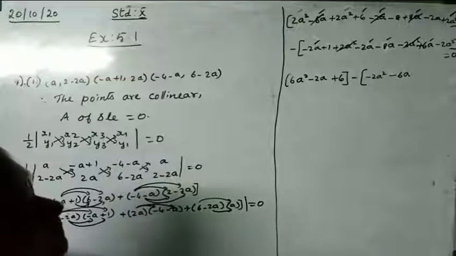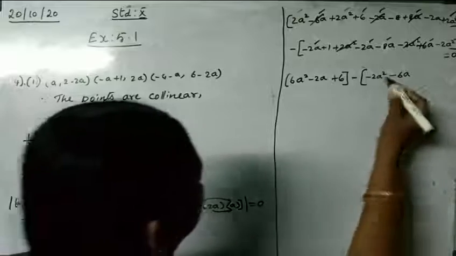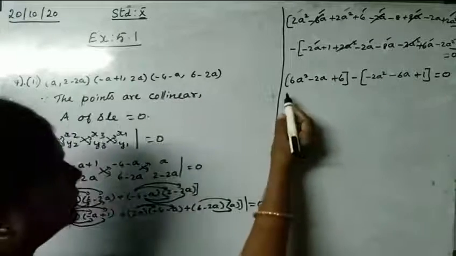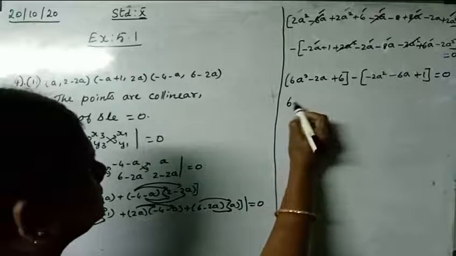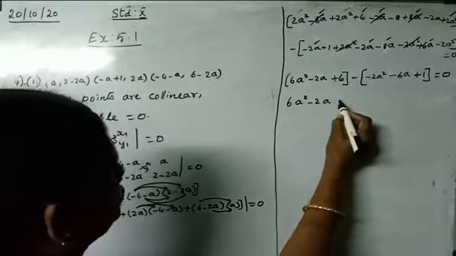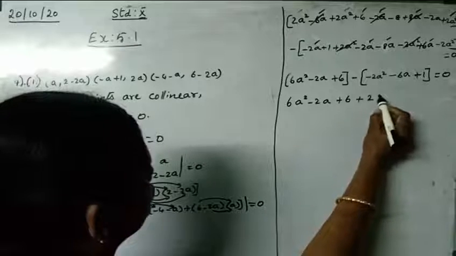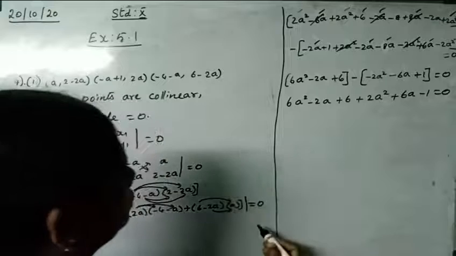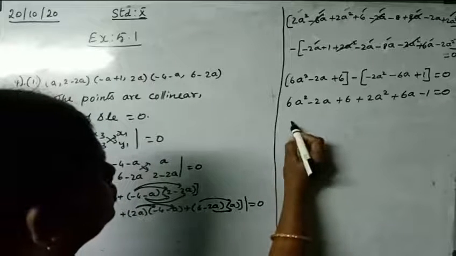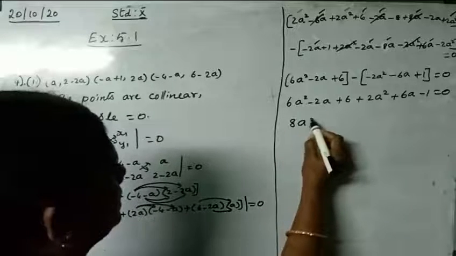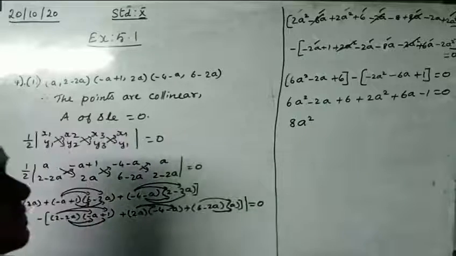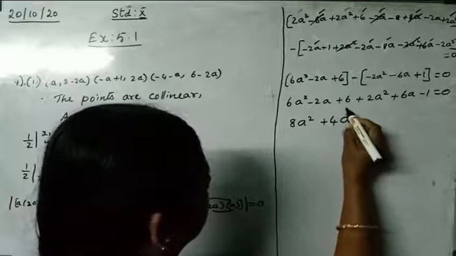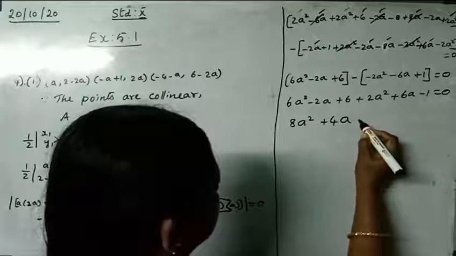And the remaining number is 1. So plus 1 equal to 0. Now remove the bracket and write 6a square minus 2a plus 6 plus 2a square plus 6a minus 1 equal to 0. 6a square plus 2a square is 8a square. 6a minus 2a is plus 4a. 6 minus 1 is plus 5.